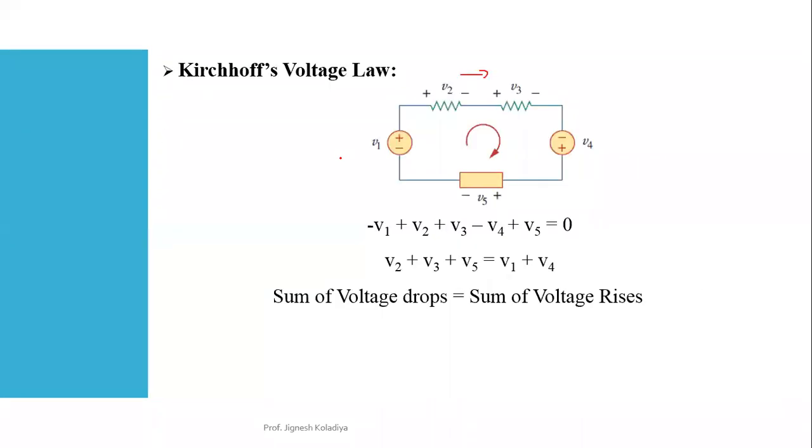So it is up to you whether you take this V as positive and this V2 as negative, or this one negative and this one positive. It is totally up to you. There is no restriction, but you have to mention it if you want to change. Otherwise, normally if the leaving end is positive, you consider it positive, and if the leaving end is negative, you consider it negative.